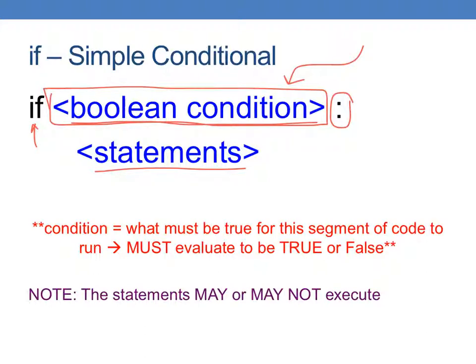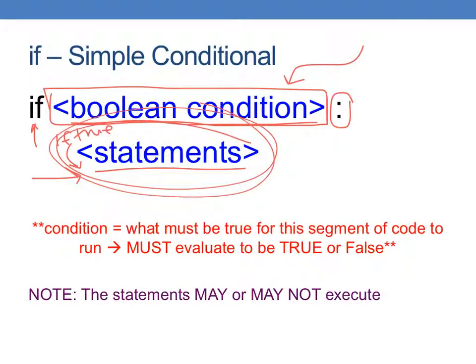If this Boolean condition is true, it'll run whatever statements you have here that are indented. So it will evaluate the Boolean statement, see if it's true, and if it's true, it runs all of the code that's contained inside of that conditional.